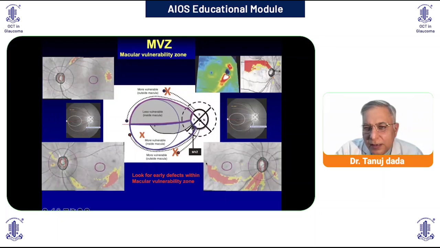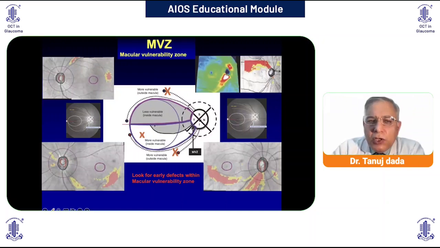Here again, you can see the inferior temporal part of the macula. It will not cross the horizontal meridian, corroborating with the retinal nerve fiber layer. Here you can see a superior part of the macula ganglion cell defect in the macular vulnerability zone, or RNFL defect. And again, you can see this RNFL defect and this defect in the macular vulnerability zone.